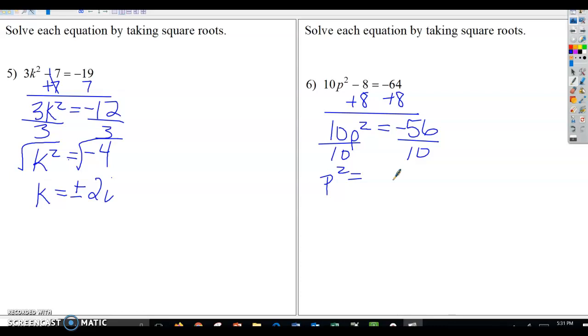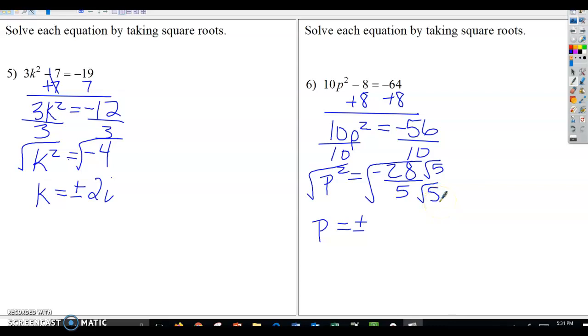Let's see, 2 goes into it, so it'd be negative 28 over 5. I'm going to take the square root of both sides, so p equals plus or minus. Now, this is not a perfect square, and this is not a perfect square, but I need to rationalize the denominator, so I'm going to multiply the top and bottom by 5.